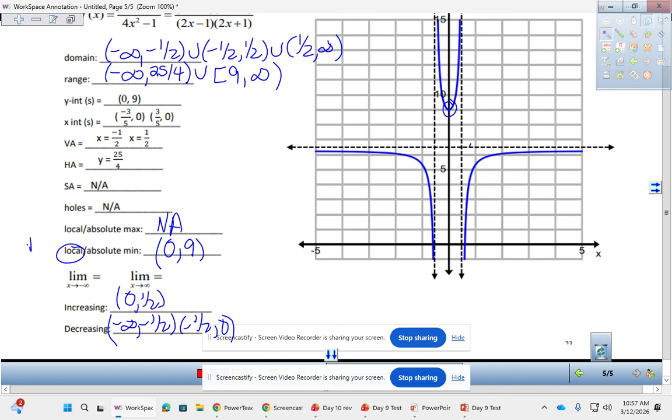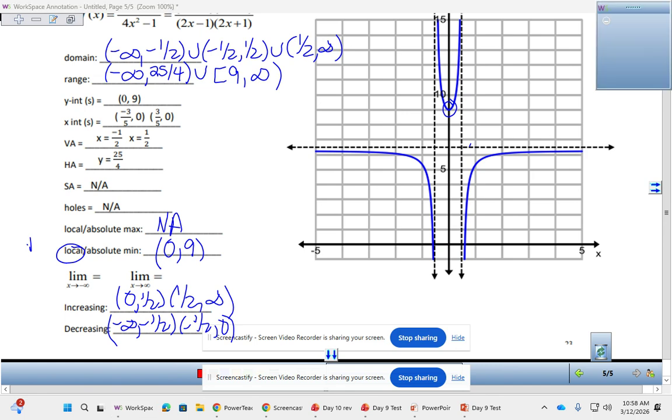So I'm splitting this. The 0 is in the middle. One part's increasing, one part's decreasing. And then the last interval, which is the 1/2 to infinity, is the increasing interval. We okay with that? Normally we just use the domain, but I can't do -1/2 to 1/2 in increasing or decreasing because it's both.